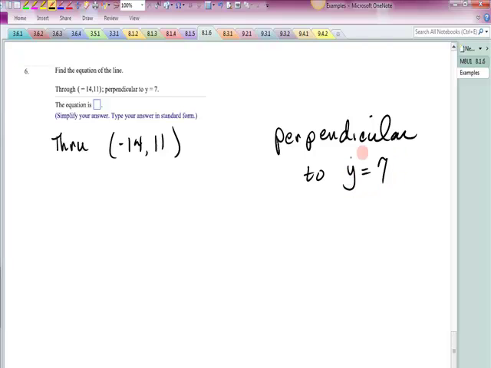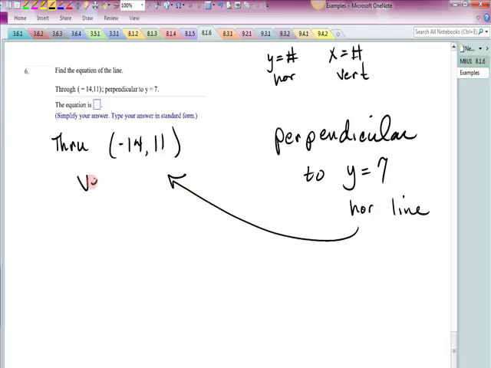Perpendicular to this. Now this is what I consider one of my special lines. My special lines are y equals a number and x equals a number. y equals a number is horizontal, x equals a number is vertical. If this is a horizontal line, then my line is a vertical line because they are perpendicular.